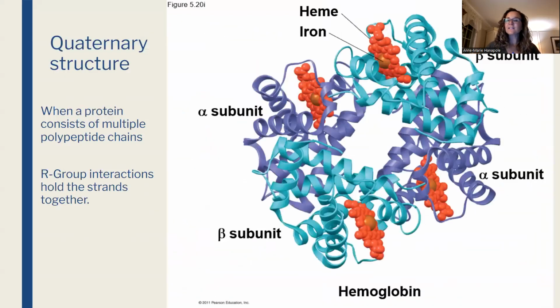So not every single protein has a quaternary structure, but if they are made up of multiple polypeptide chains, like this hemoglobin here is made up of 4 polypeptide chains, all to form that one hemoglobin protein, that is going to be held together again by R group interactions between those polypeptide chains, making the overall structure of that particular protein.